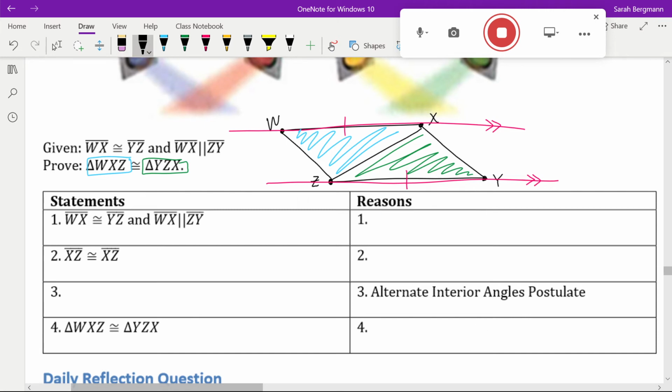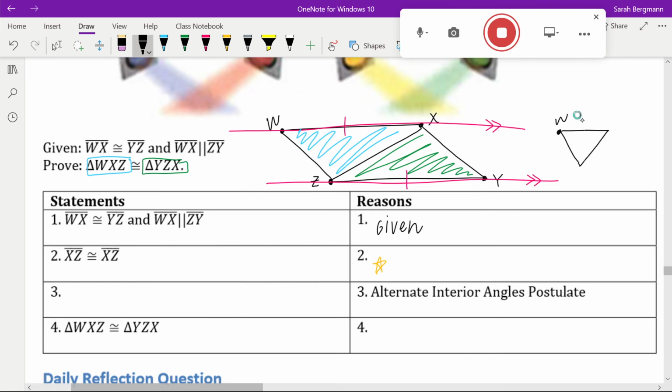I always start with the given. How can I tell that segment XZ is congruent to segment XZ? Do you know this answer? Again, if it helps, you may want to draw this out as two separate triangles.